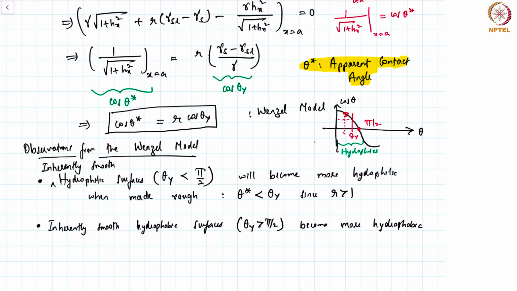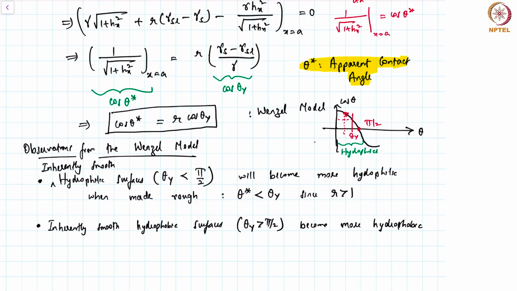Now, it's also important to understand that this analysis that we have done is independent of any external field. That's again one of the beauties of this simple model. The external field that we have applied, be it the gravitational field as an example, does not basically alter the wetting property very close to the contact line, very close to the surface, and therefore cosine of theta star essentially is only a roughness dependent parameter.